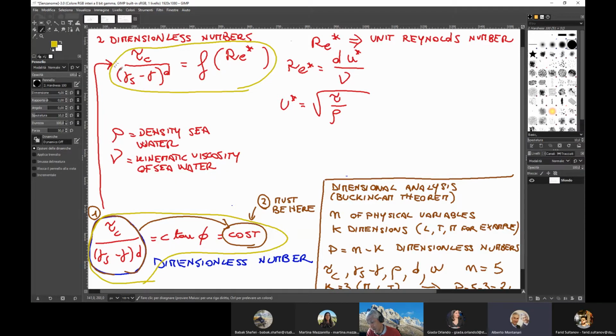The dimensionless number here is not a constant, but it's a function of the particle Reynolds number. If you remember how to compute the particle Reynolds number is better, but it's not strictly needed.